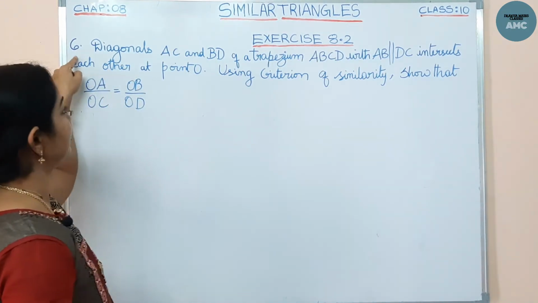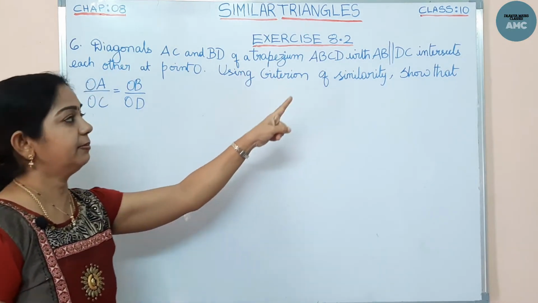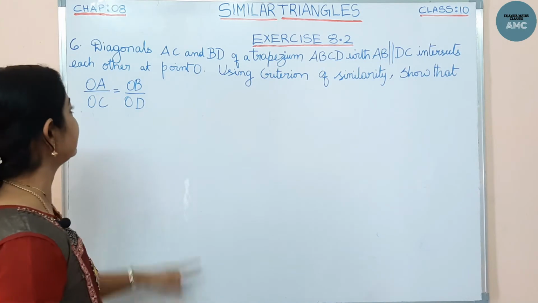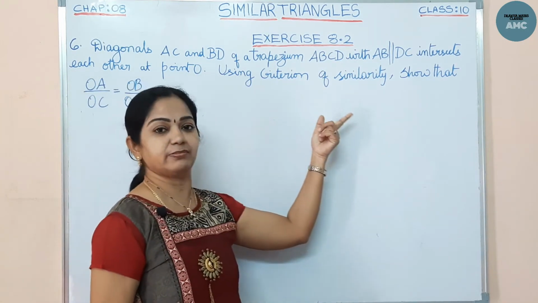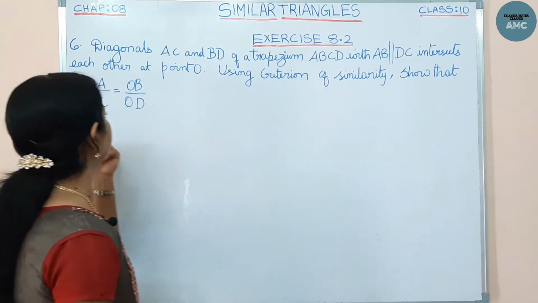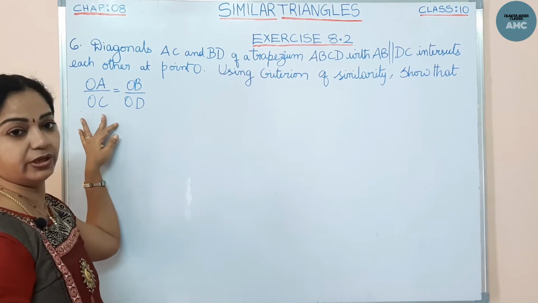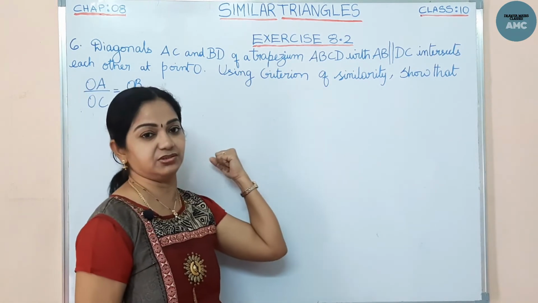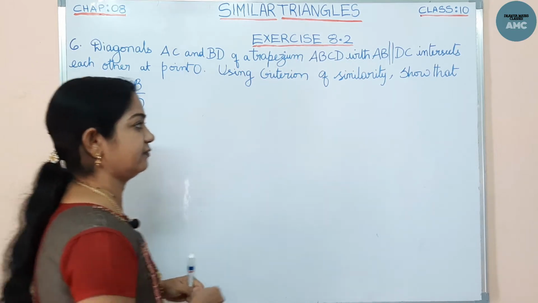Now the 6th problem. Diagonals AC and BD of a trapezium ABCD with AB parallel to DC intersect each other at point O. Using the criterion of similarity, show that OA by OC is equal to OB by OD. Now, the diagram is not given, so we have to draw the diagram.